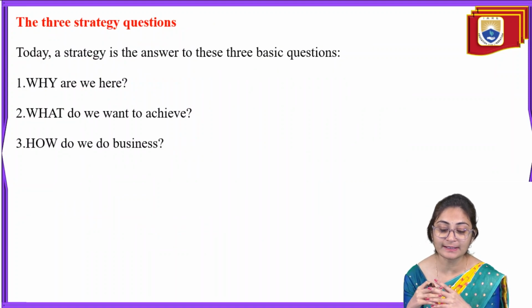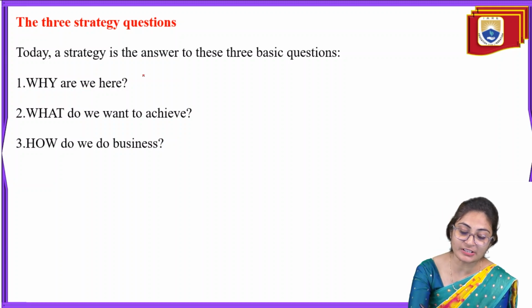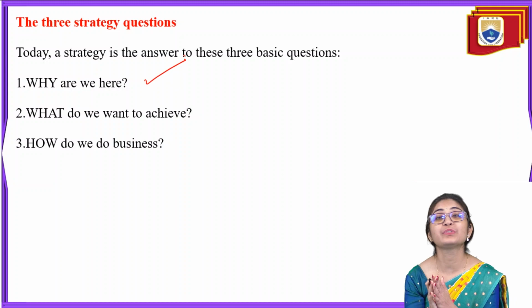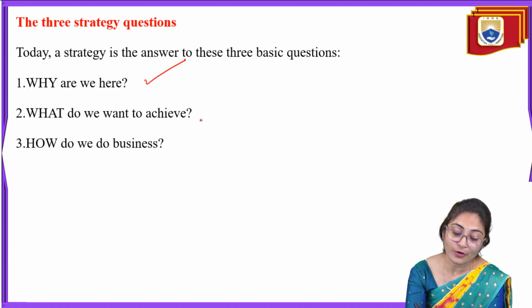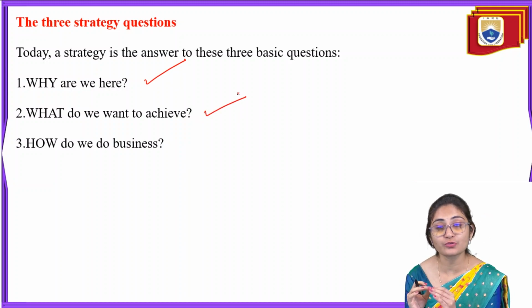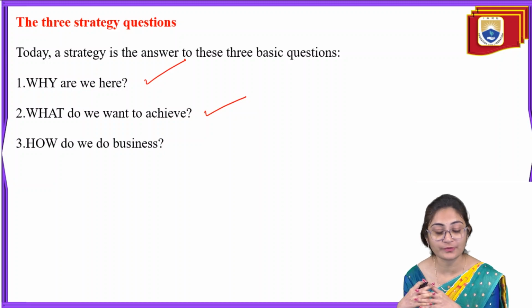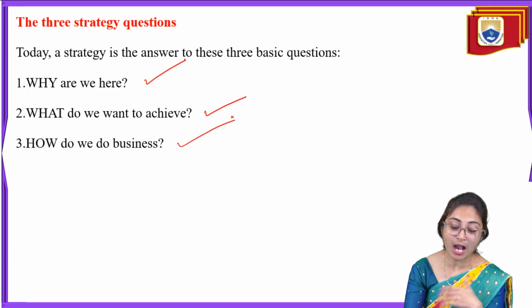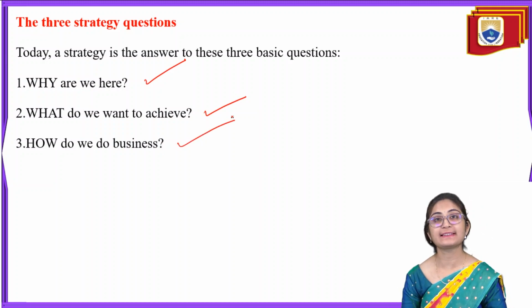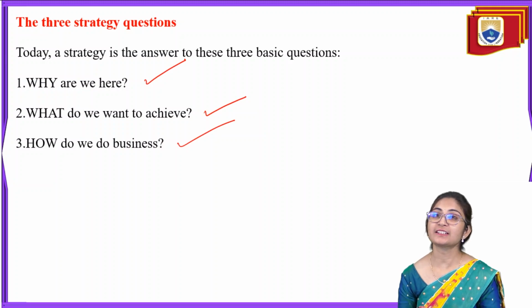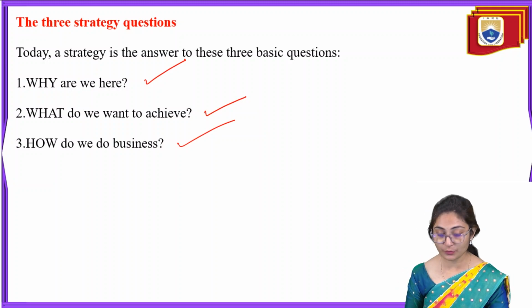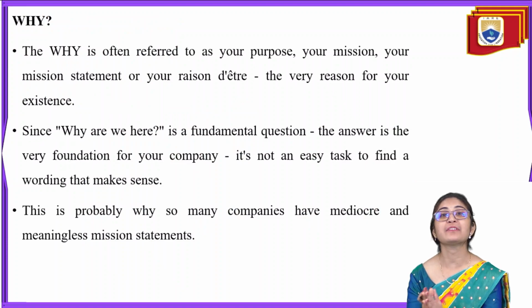Now there are three strategy questions. Those three strategy questions are: why are we here? Next, what do we want to achieve? And the third one is: how do we do business? These three strategy questions are very important. So we will see one by one.